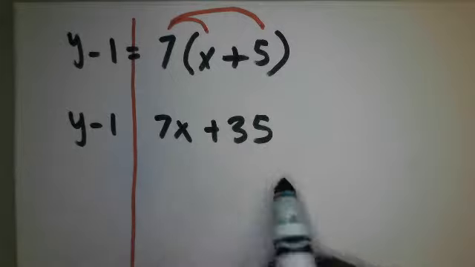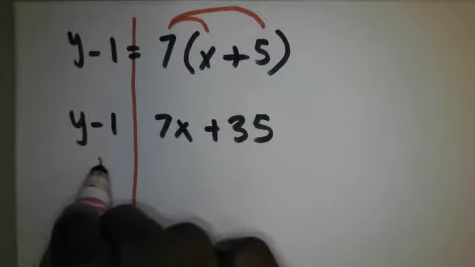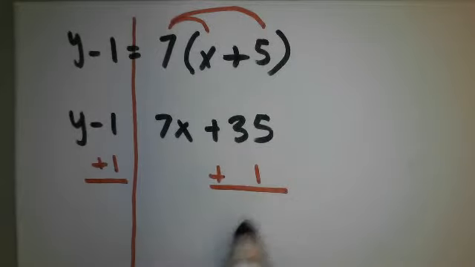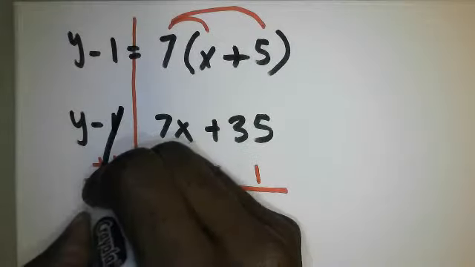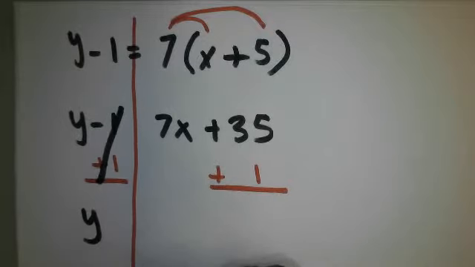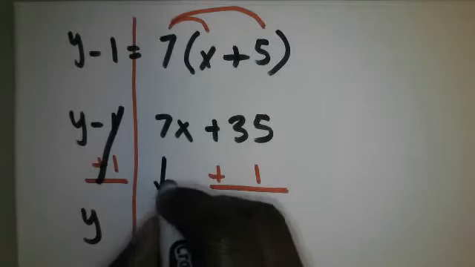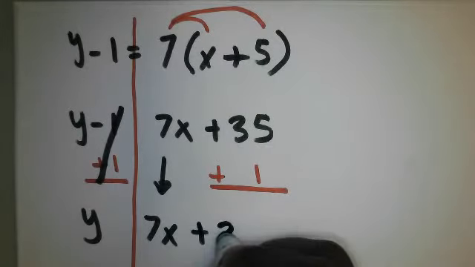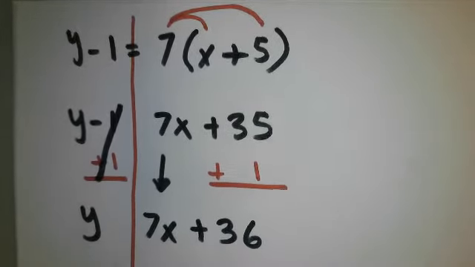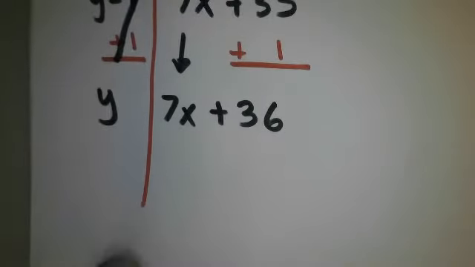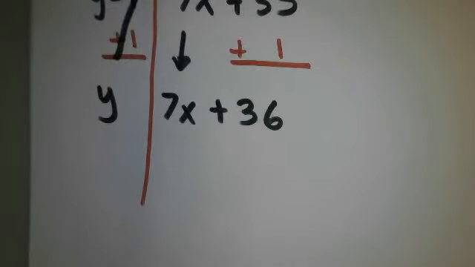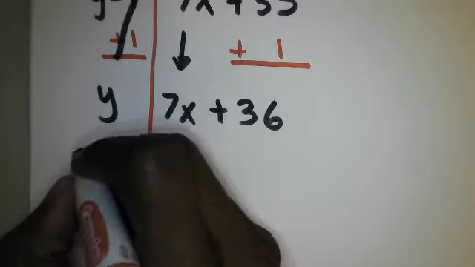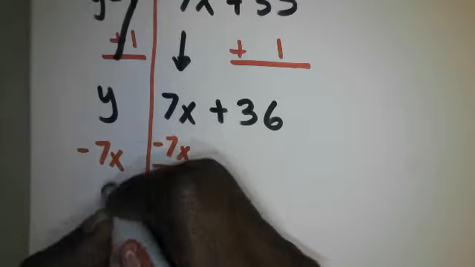Now we're going to go ahead and bring the number over here, so we're going to add 1 to both sides. Now what happens is that the 1 cancels on this side, so we're left with y, and over here we can bring down the 7x, and we're going to add these two together, which is 36. Now we also have to bring that 7x over to the other side, so we're going to subtract 7x, because it's positive 7x, from both sides.